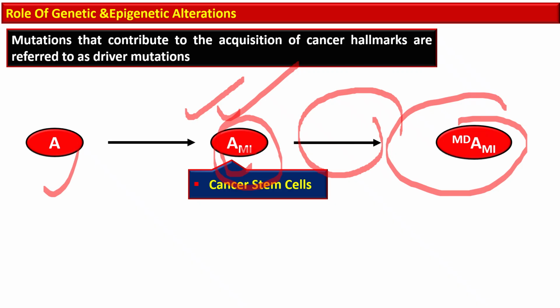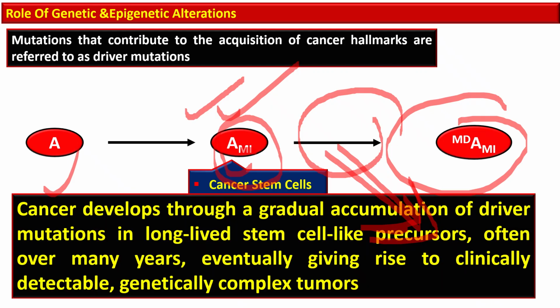Cells with driver mutations exist before, but do not form a detectable cancer. This latent phase lasts for years. So cancer development occurs through a gradual accumulation of driver mutations in long-lived stem cell-like precursors, often over many years, eventually giving rise to clinically detectable, genetically complex tumors.